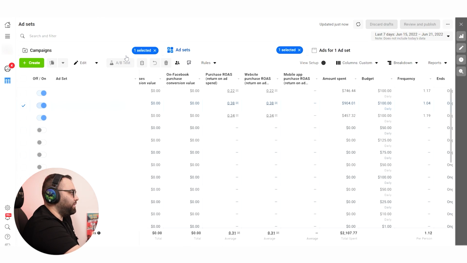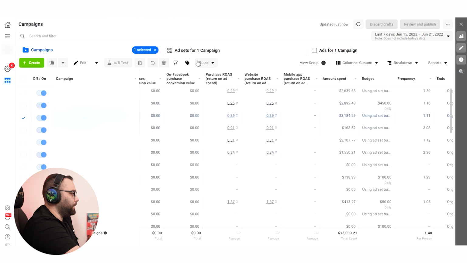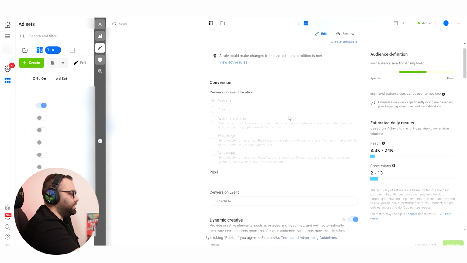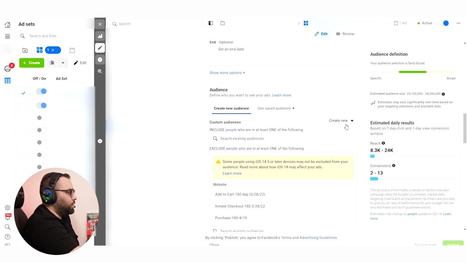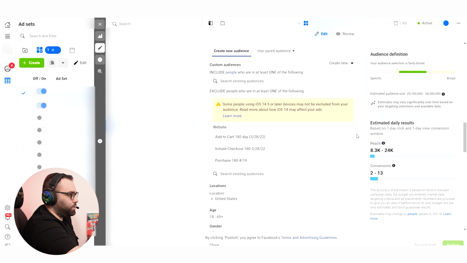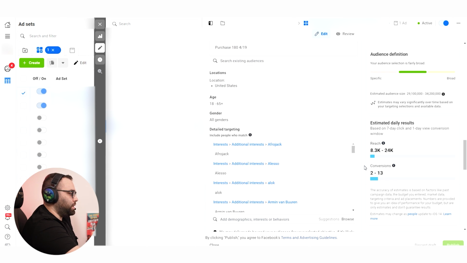Let's analyze a little bit more. Let's go to another top of funnel and analyze what is happening here, for example. Let's see this one. In this one, we see that we even have harder exclusions over here. This is totally unacceptable for me, to exclude all of these people who might convert.